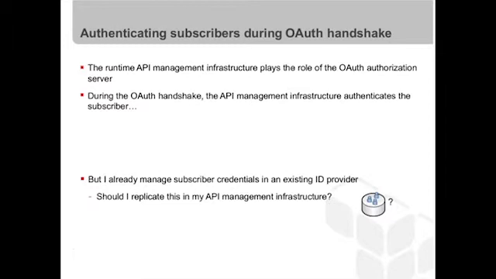For most API providers, these identities exist before and independently of any new API. If these users already exist, you probably already have a way to check their identity. You might already be managing those identities in an existing identity solution of some sort. But now you want to leverage these identities in the context of API access control. So maybe you should replicate these identities in your API management solution.